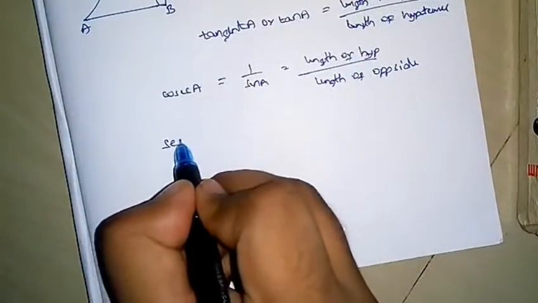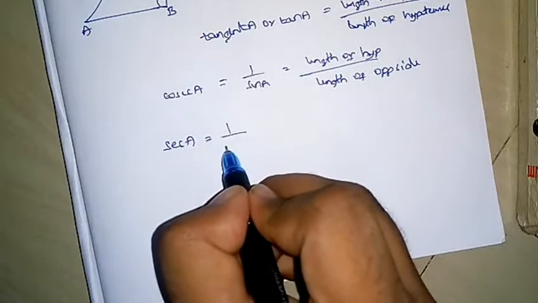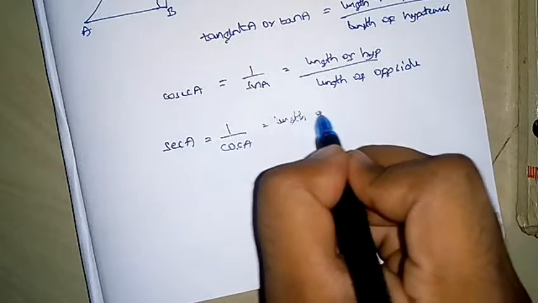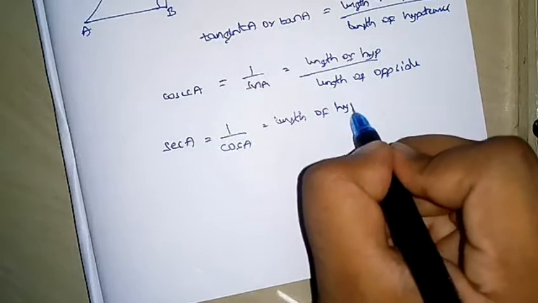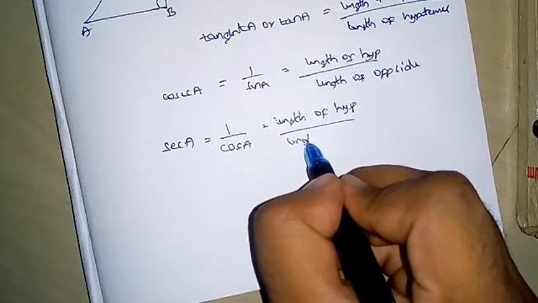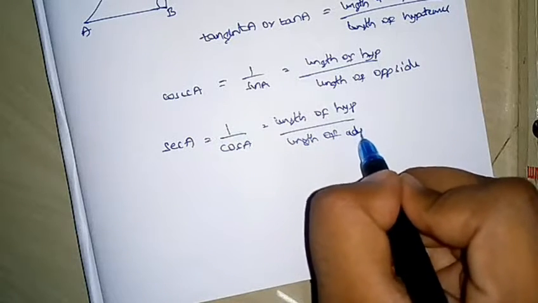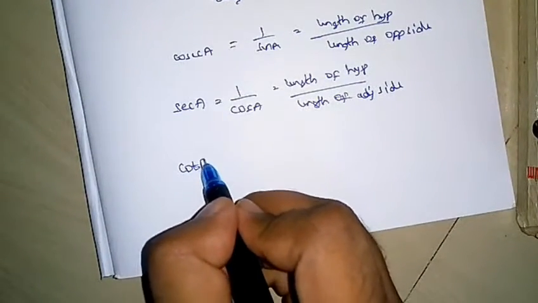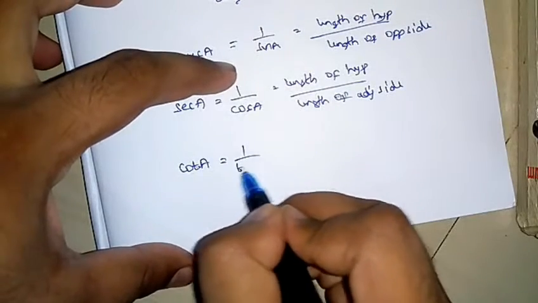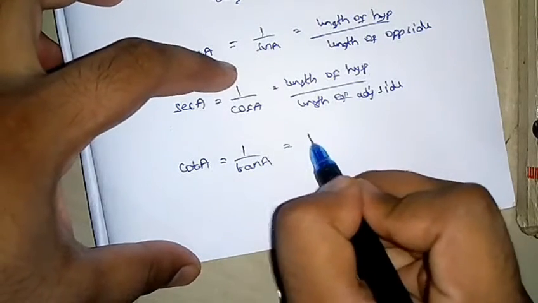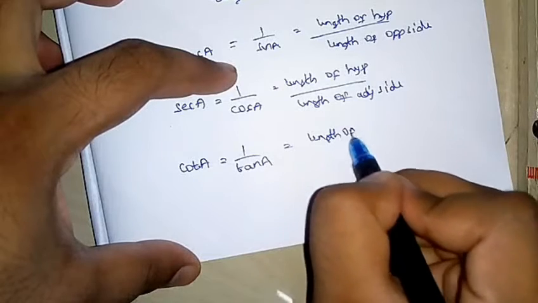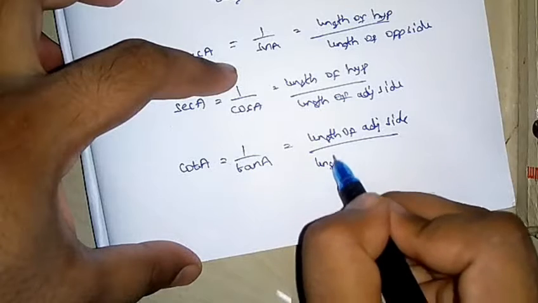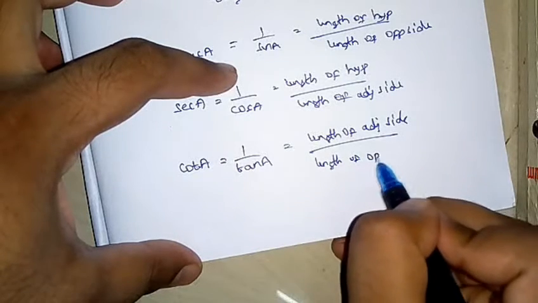Next is secant A, or simply sec A, which is 1 by cos A, which will be equal to length of hypotenuse by length of adjacent side. Next is cotangent A, or simply cot A, which is equal to 1 by tan A. This will be equal to length of adjacent side by length of opposite side.